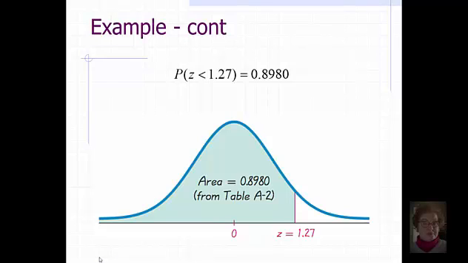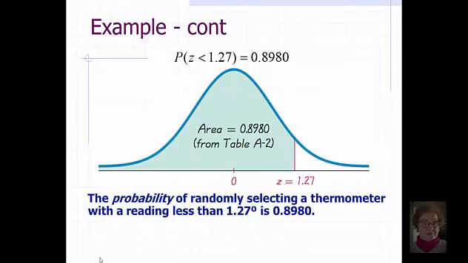And again, there's our sketch and exactly what we've already seen. So again, the probability of randomly selecting a thermometer with a reading less than 1.27 degrees is about 89.8%.